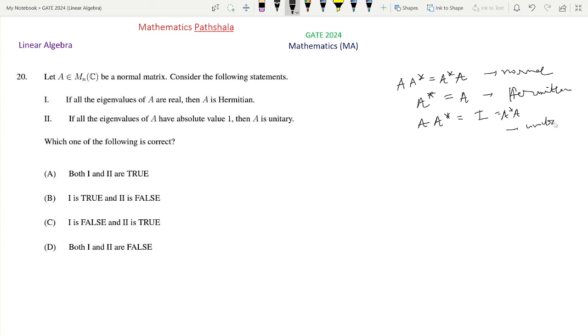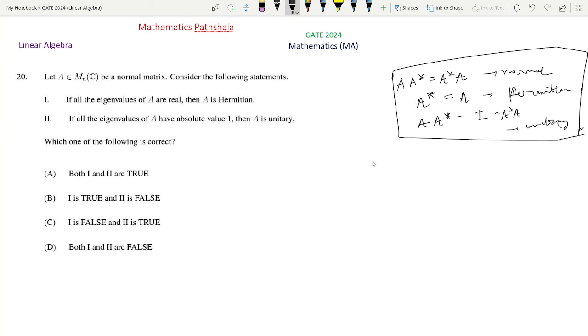So these are the three definitions given in this question. So now let us discuss statement 1. Statement 1 says that if all the eigenvalues of A are real, then A is Hermitian.